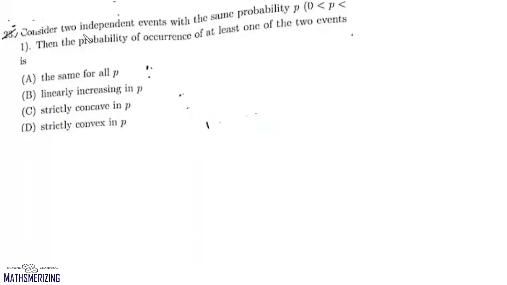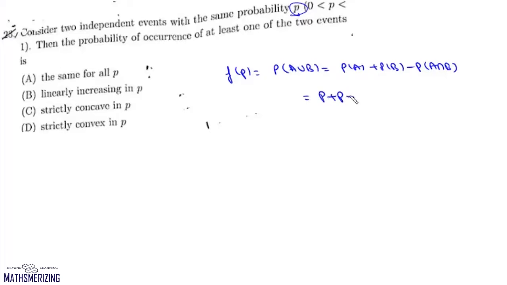Now question number 23 is, consider two independent events with the same probability P. The probability of occurrence of at least one of the two events is. So we'll take this probability as F, some function of P, and we'll need to find probability of A union B. So it'll be probability of A plus probability of B minus probability of A intersection B. Now both these probabilities are the same, so it is P plus P and then minus.